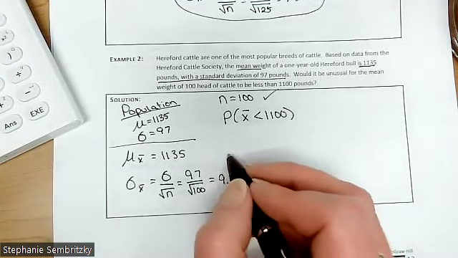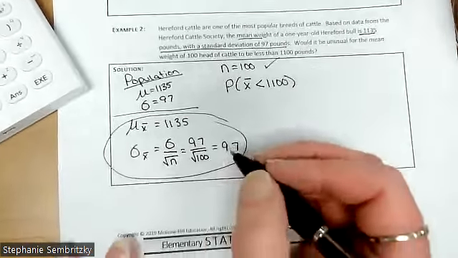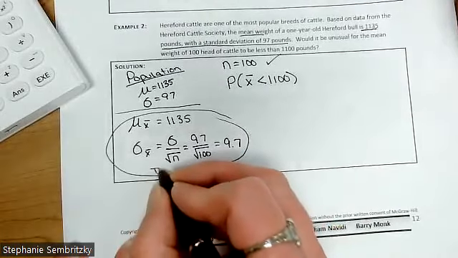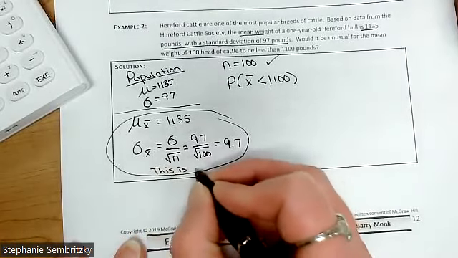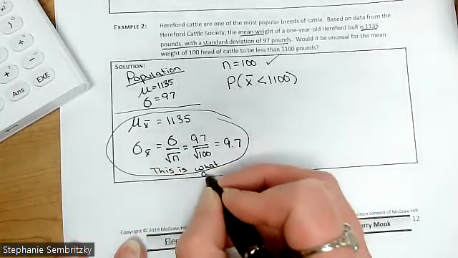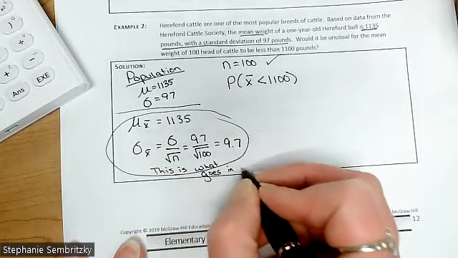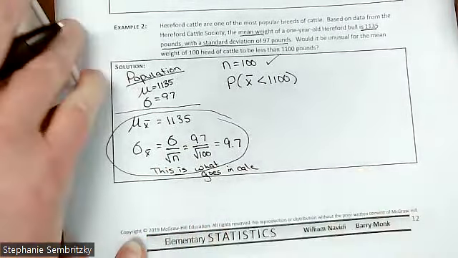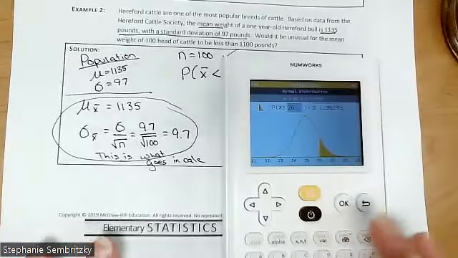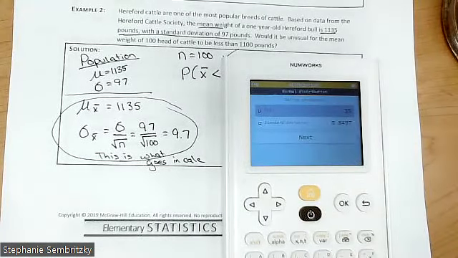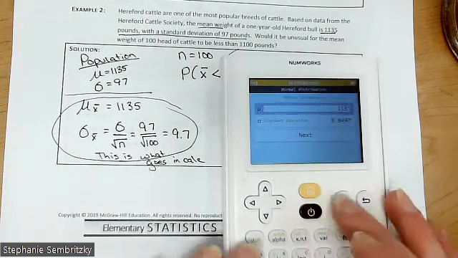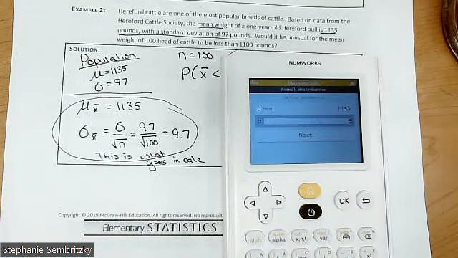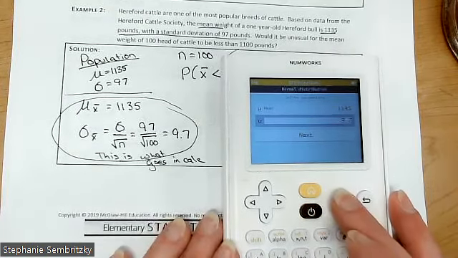So this data, I should have made a note on the other one. This is what goes in the calculator. So I'm going to back up, put the mean of 1135 and the standard deviation 9.7.